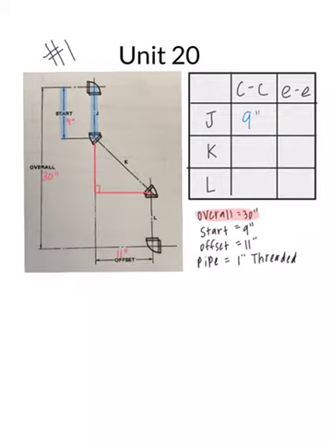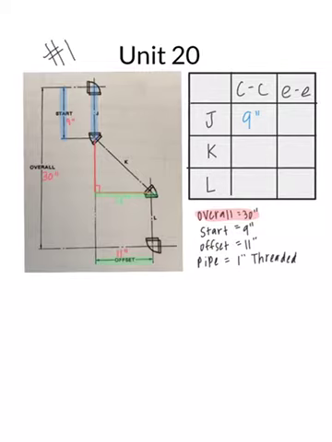I like to do all of the center to centers and then come back and do the end to ends. Now we're looking at pipe K. We know that the offset, this horizontal distance, is 11 inches. And if we go up, that's this measurement right here, so I'm going to label this 11 inches.